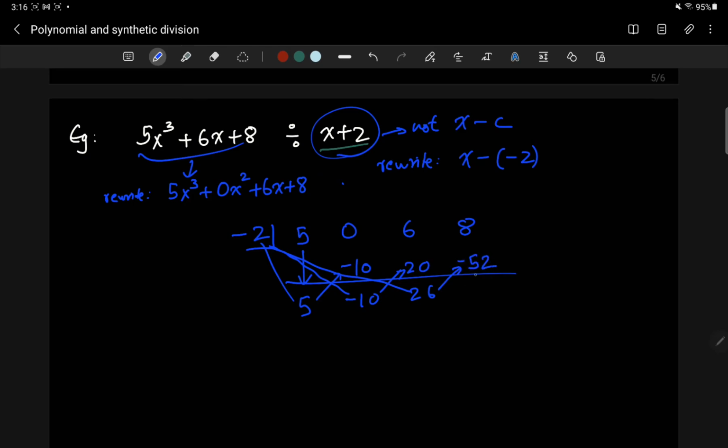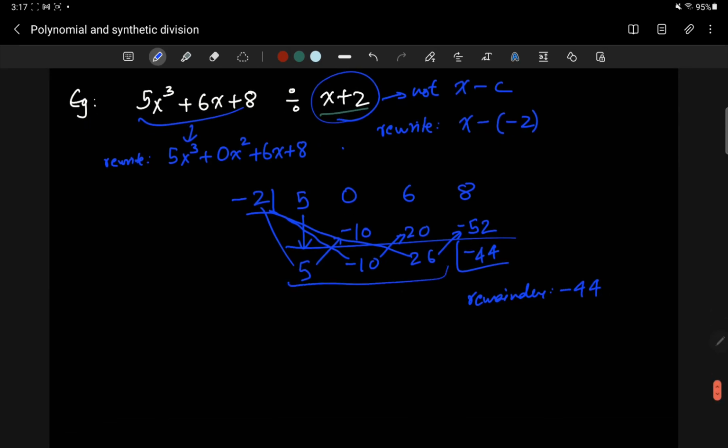Add them up, negative 44. So the remainder in this division is negative 44, and the quotient, the highest power here is x cubed, so it must be 1 lower. So it's 5x squared minus 10x plus 26.